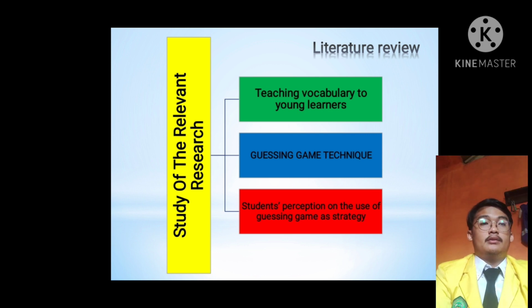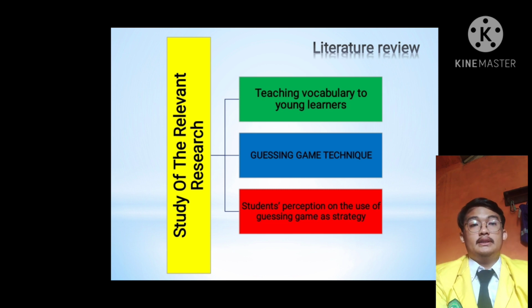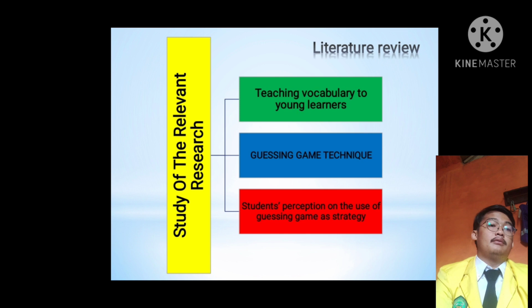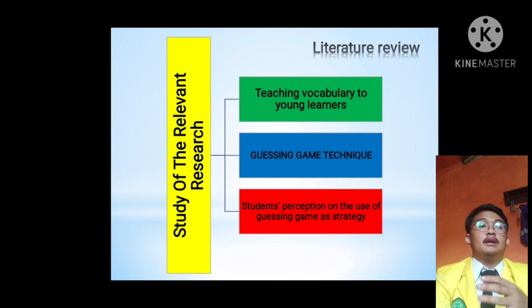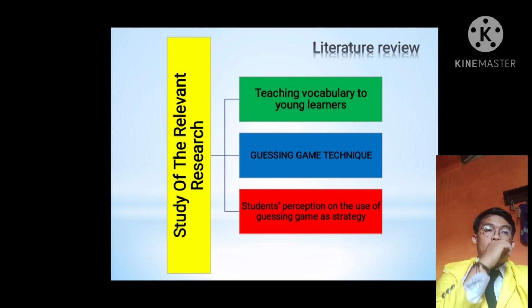And student perception of the use of guessing games as a strategy. According to Darmes 2014, perception is a mechanism by which an organism, by processing and decoding sensory input, relates to knowledge or understanding of an environment. That is about the literature review.